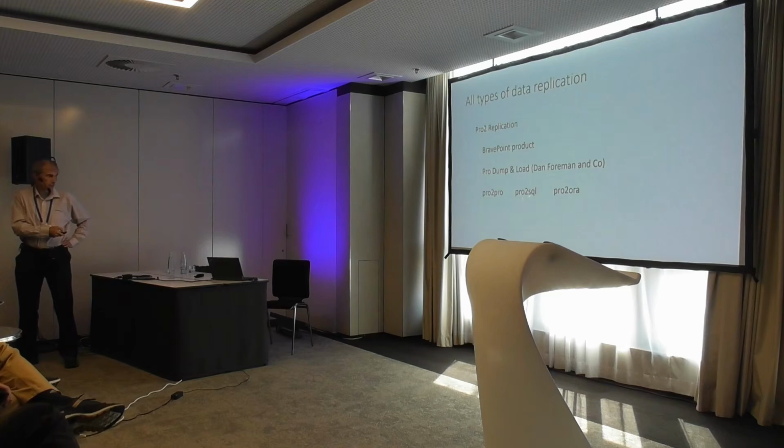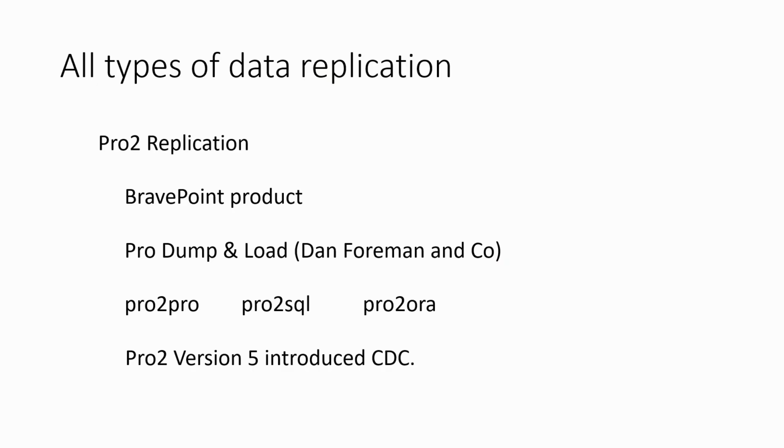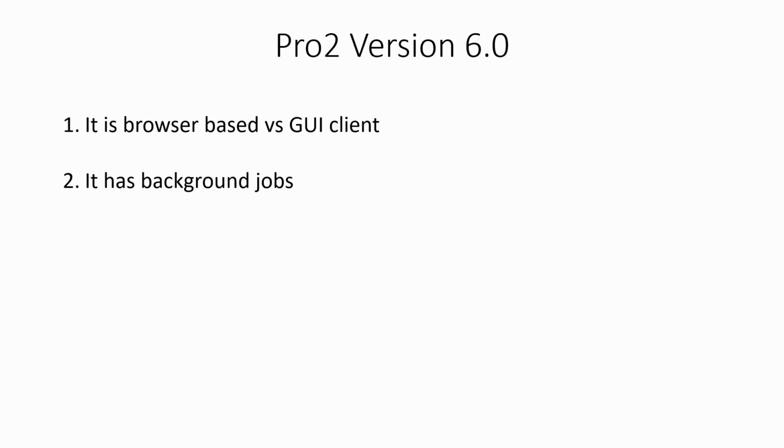I had this option because our company was replicating part of the database to SQL. And in version 5, Pro2 introduced CDC, and in version 6, it is now based on a browser instead of a GUI client, and it also has background jobs.